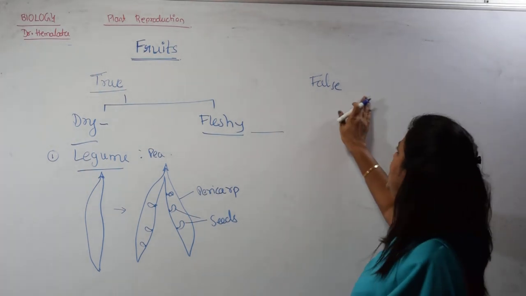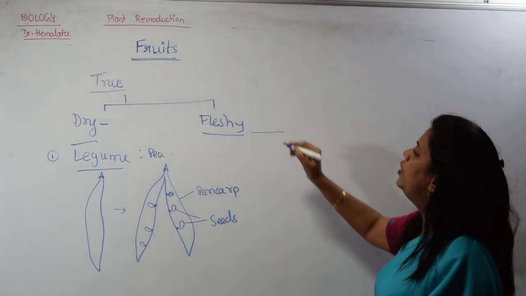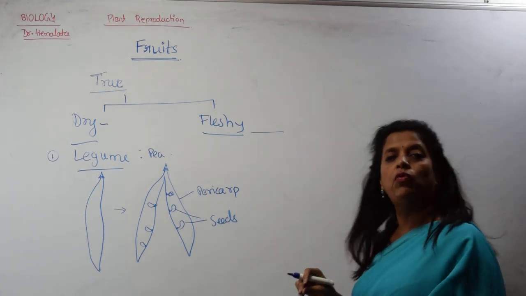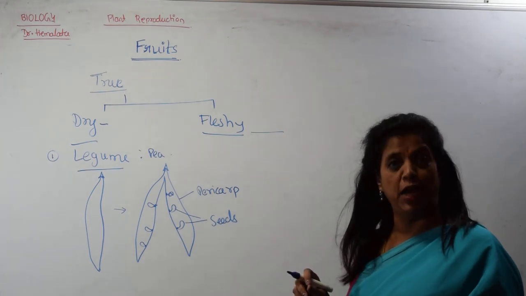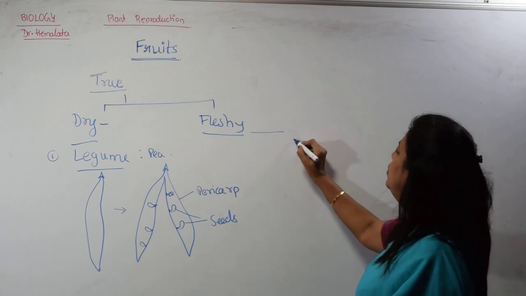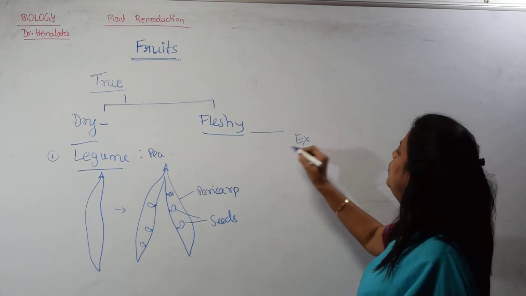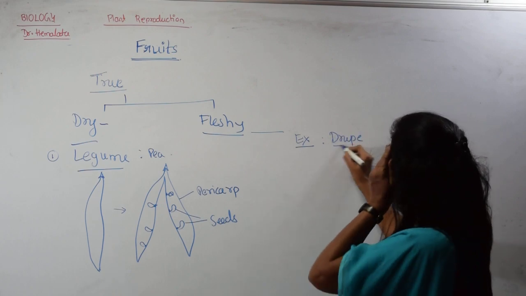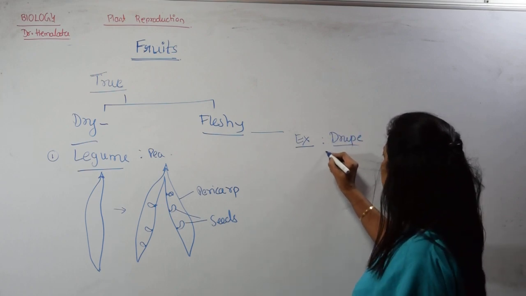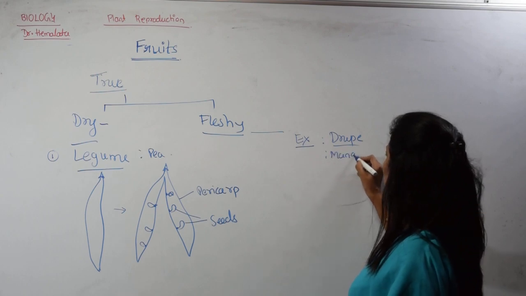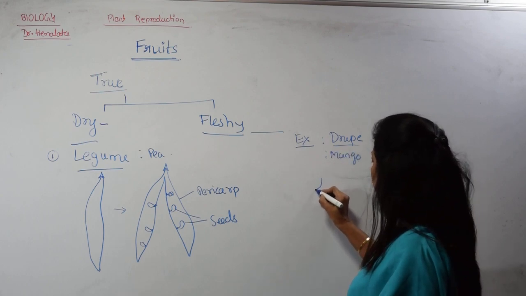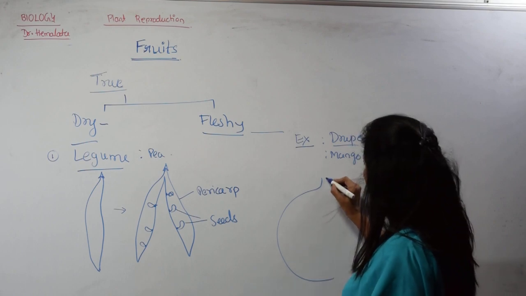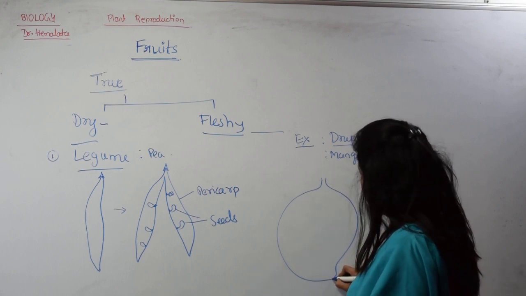Now we will move on to the fleshy fruits. What are the fleshy fruits? I will write the false fruit later. Fleshy fruits are those whose fruit wall is thick and fleshy and is edible. For example, I will give you the example of drupe. Drupe is the name of the fruit. In drupe, the mango is the example. When you observe, you get the fruit like this.